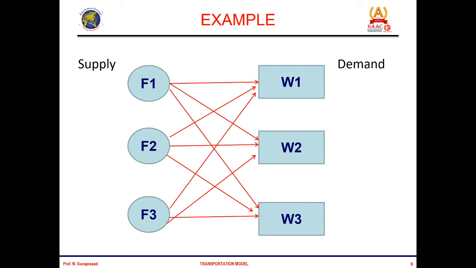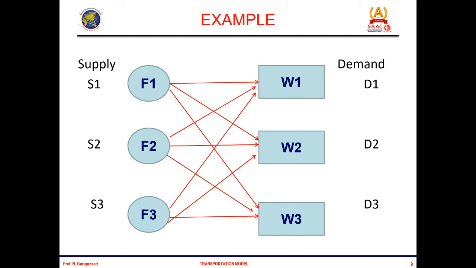Now, when you look at the three arrows coming out of F1 and going to the three warehouses W1, W2, W3, that is what it means: factory 1 can supply the products to warehouse 1, it can supply to warehouse 2, it can also supply to warehouse 3, and similarly factory 2 and factory 3.